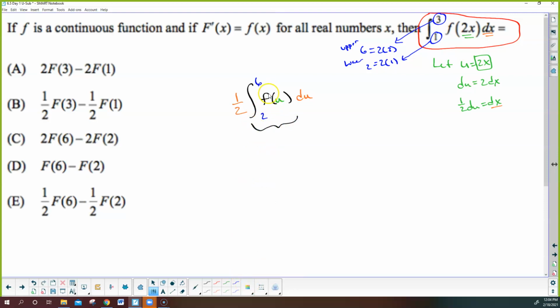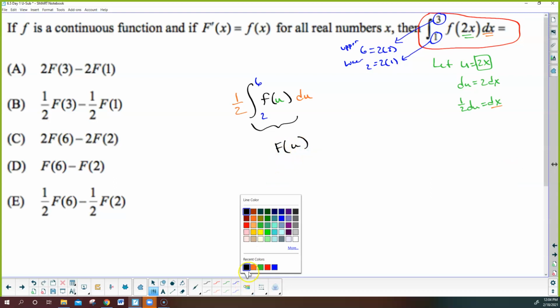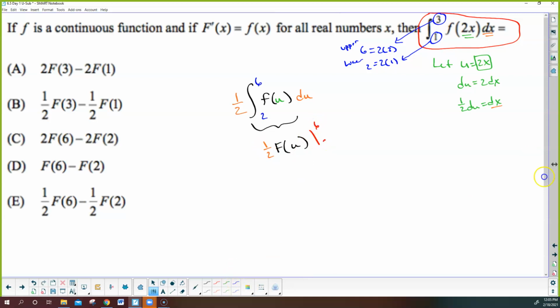We know that if lowercase f is the function, then its antiderivative is uppercase F of u, and we're going to evaluate from 6 to 2. Okay. And then the last part, we plug in capital F at 6 minus the lower bound, which is capital F at 2.